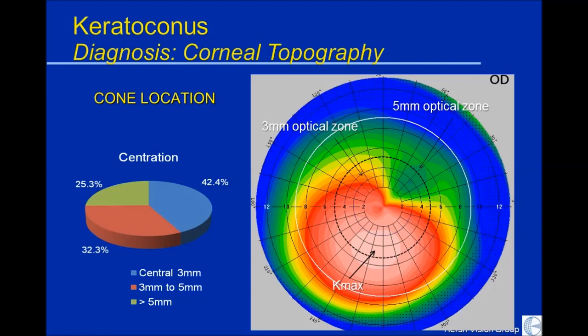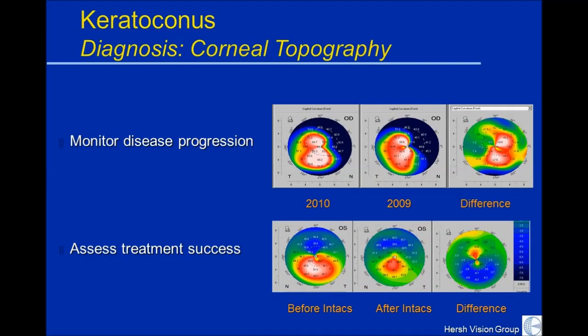So way down the cone is low and inferior in those patients. Some people consider this to be keratoconus with what's called a pellucid marginal degeneration pattern, or PMD pattern. And these are important to know when we're devising interventions, when we are planning for surgeries, and when we're fitting contact lenses. With computerized corneal topography, we can also monitor any disease progression.